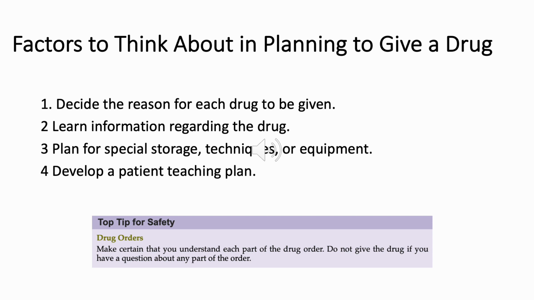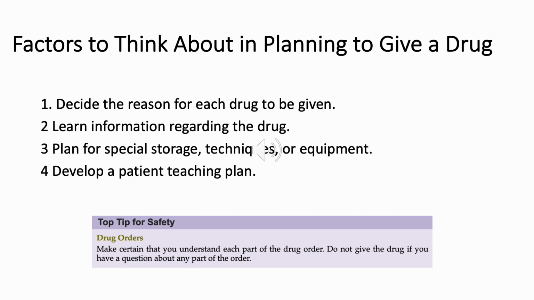Planning to give a drug involves 4 important steps. 1, know the reason you are giving the patient the drug. In other words, what is the drug supposed to do for the patient?